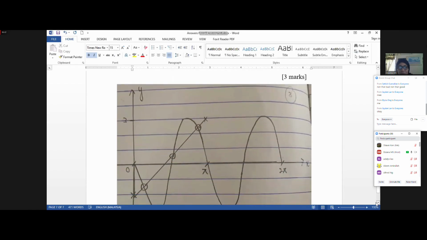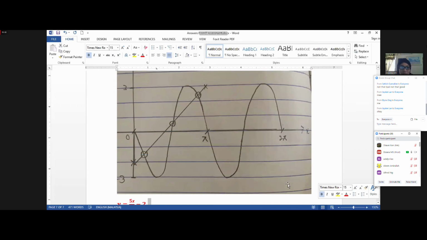Okay, negative sine, you inverse the shape rather than go up and go down. So you go down, go up. The maximum and the minimum point is 3 and negative 3. 2x meaning that 2 cycles. So one cycle is until pi, another cycle is until 2 pi.